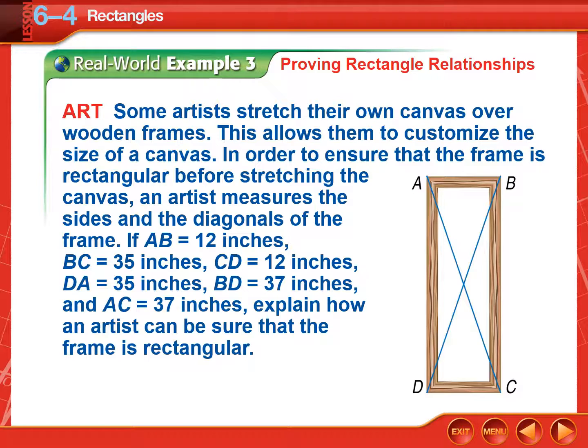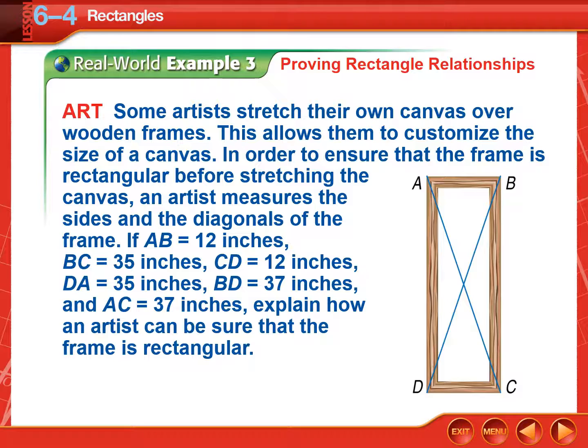All right, so we've got this canvas. Some artists stretch their own canvas over wooden frames. This allows them to customize the size of a canvas. In order to ensure that the frame is rectangular before stretching the canvas, an artist measures the sides and the diagonals of a frame.